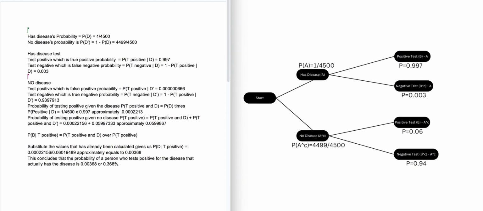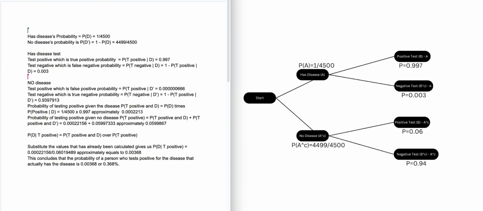And lastly, the last endpoint, no disease and test negative, would be 0.9397913. So now we have probabilities for all possible outcomes, but we're only interested in cases where the test is positive, which is P of B.